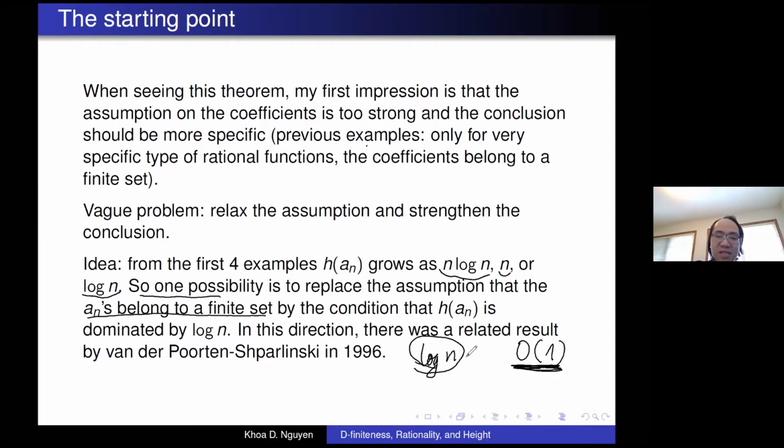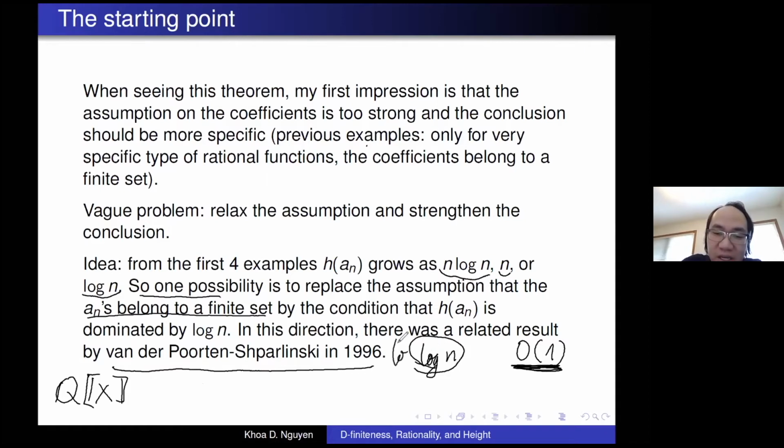In this direction, there was actually a related result by Van der Poorten and Shparlinski in 1996. They consider power series with rational coefficients, and they prove that the height of the coefficients cannot be strictly in between.